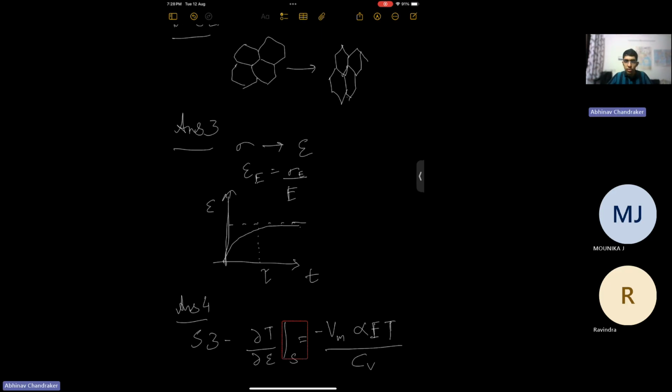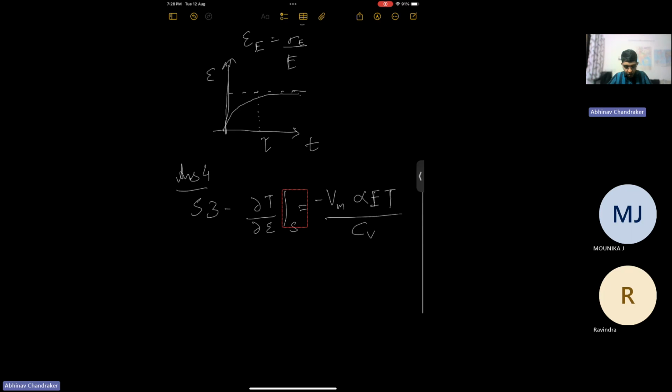Adiabatic means heat transfer is not happening. Entropy is constant. So change in temperature is inversely proportional to Cv. So S3 is wrong.